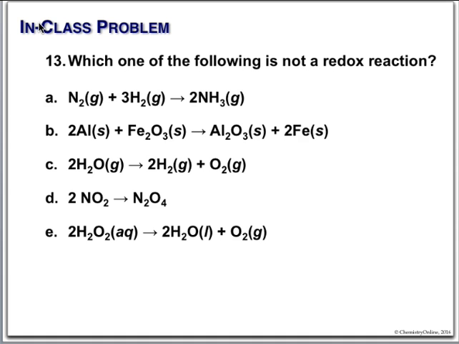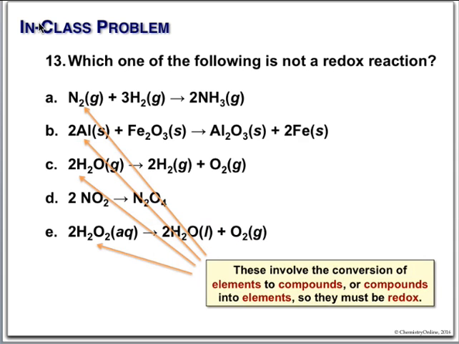It's got to be a redox reaction. If you look at this assortment, that rule makes this so simple because A, B, C, and E all have elements. So all of those must be redox, right? They must be. So you know the answer has to be D.